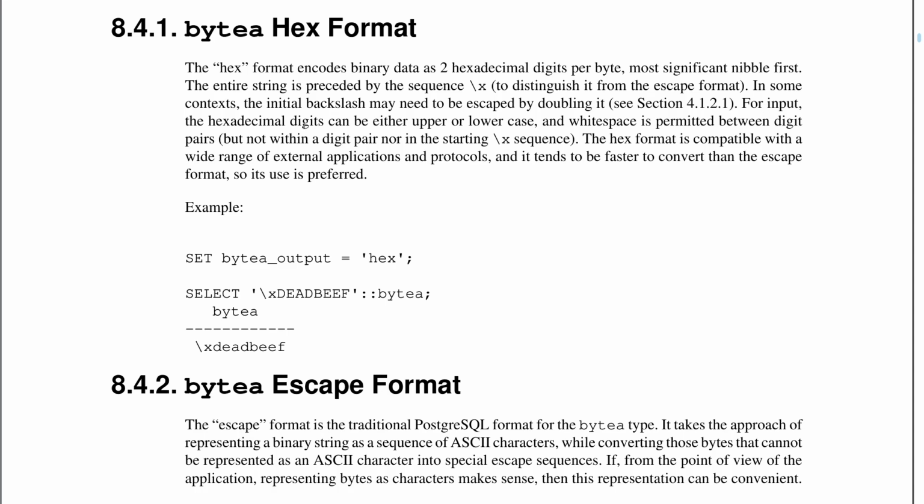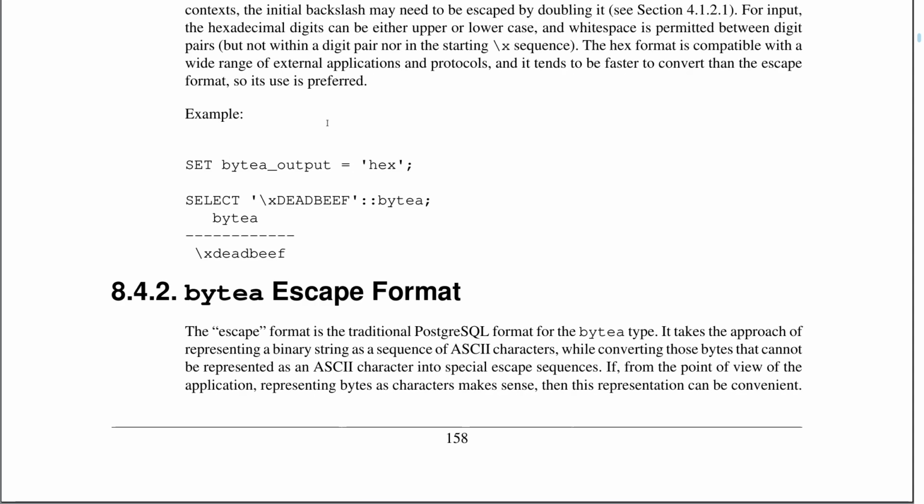For input, the hexadecimal digits can be either upper or lowercase, and white space is permitted between digit pairs, but not within a digit pair nor in the starting \x sequence. The hex format is compatible with a wide range of external applications and protocols and tends to be faster to convert than the escape format, so it's usually preferred.